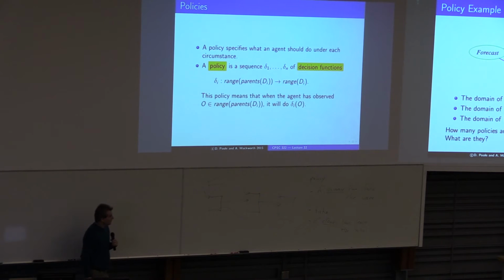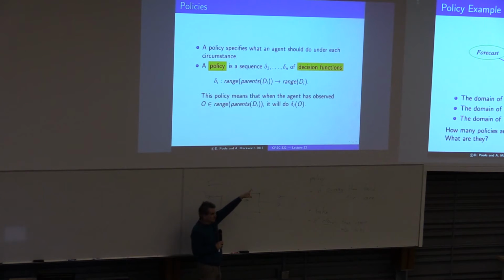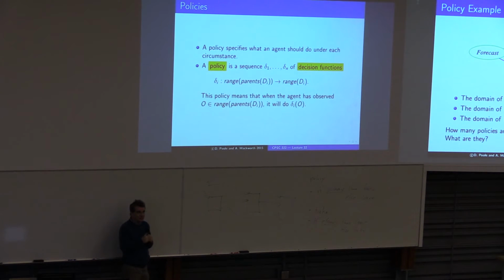So how many policies are there? How many functions? There's 3 different things it could depend on. So umbrella only depends on the forecast. Does anyone know how many policies there are? Six, someone suggested. It's not 6.